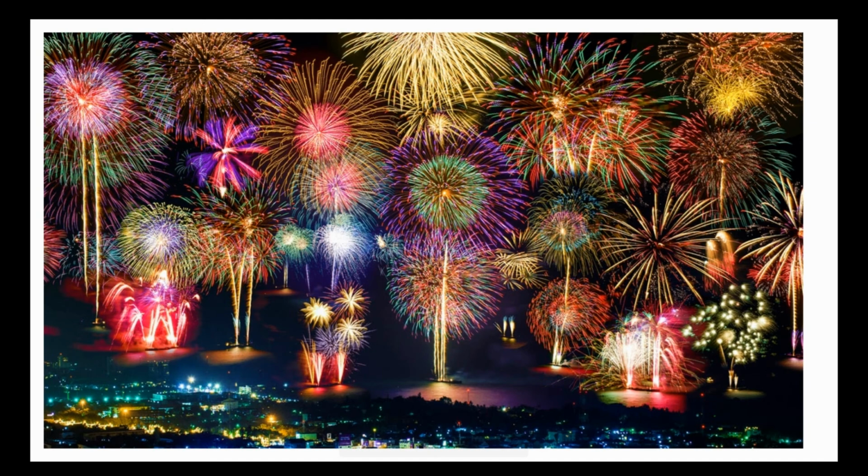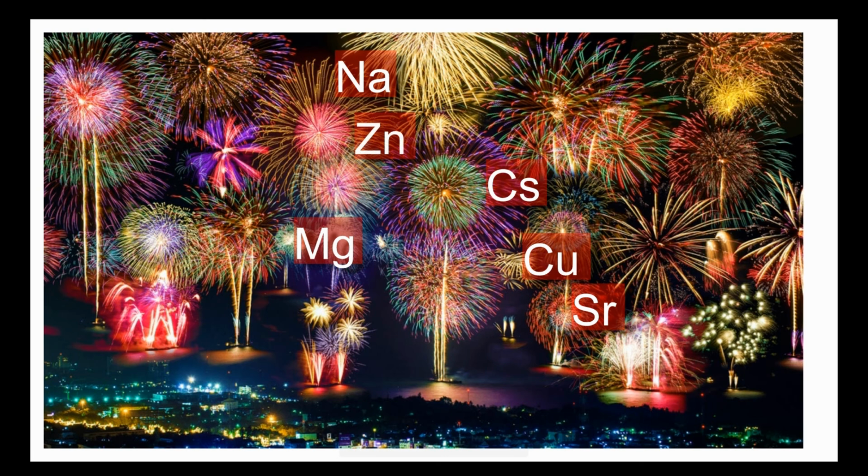The experiment we couldn't do was setting fire to a bunch of metals, but you've all experienced it anyway. All this beauty is the combustion of metal compounds. The yellow of sodium, the purplish of cesium, the green of copper, the ruby red of strontium, brilliant white of magnesium, and the sort of colorblind guy color of zinc, and purple for potassium and barium.